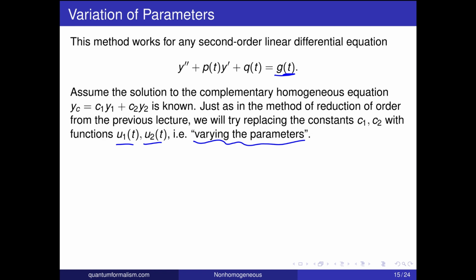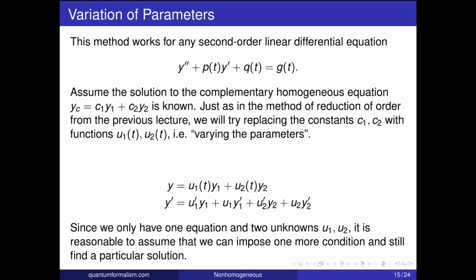Because all the terms from the product rule where we treat u1 and u2 as constants are going to get canceled out, because y1 and y2 are homogeneous solutions. So that's the idea. All right, so we'll start with y is u1 of t times y1 plus u2 of t times y2.